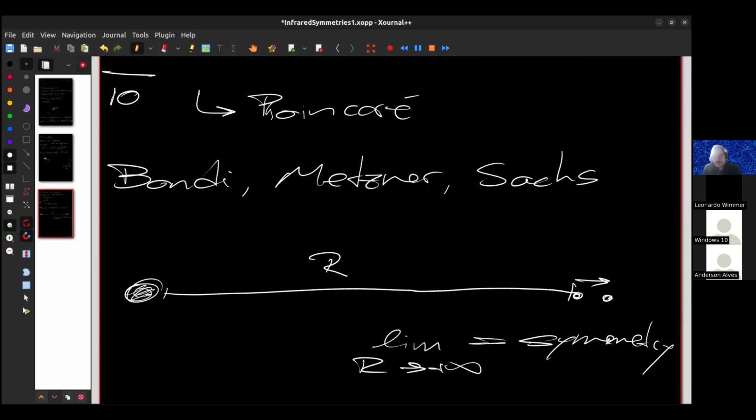But the idea is that when you go very far away from the source, you should get a symmetry again. So you should get spatial translations as a symmetry, even though close to the black hole you do not have the symmetry. In the asymptotic limit, in the infrared limit, you should get the symmetry back. And what they expected, and what everybody expected, was that you only have these 10 symmetries.